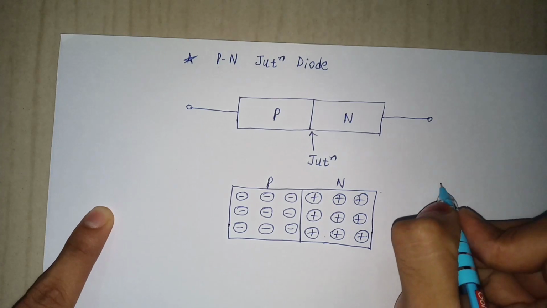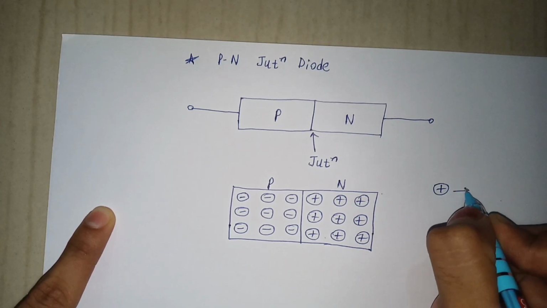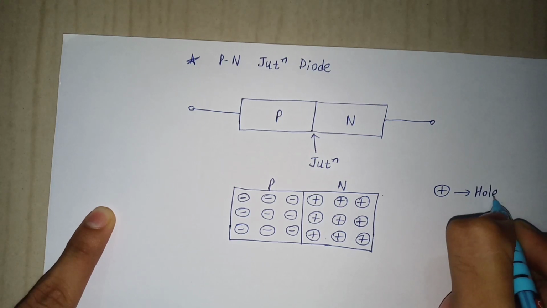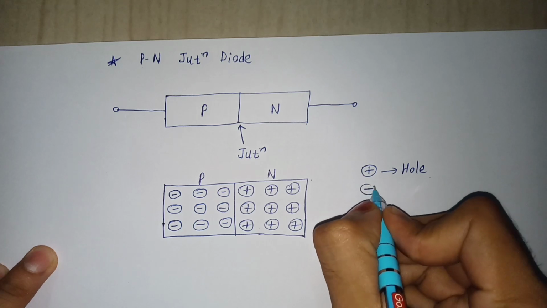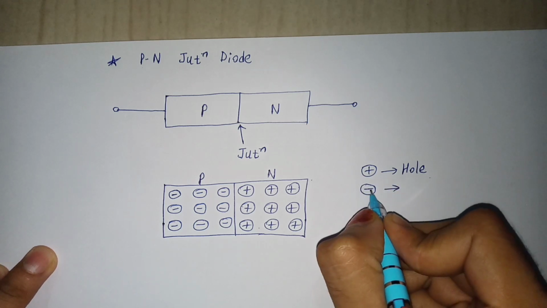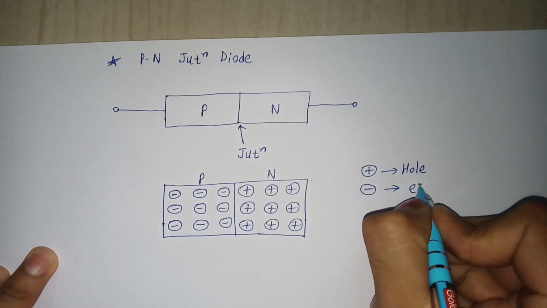Holes are denoted by a circle with a plus symbol inside, and electrons are denoted by a circle with a negative sign inside. This is an electron.